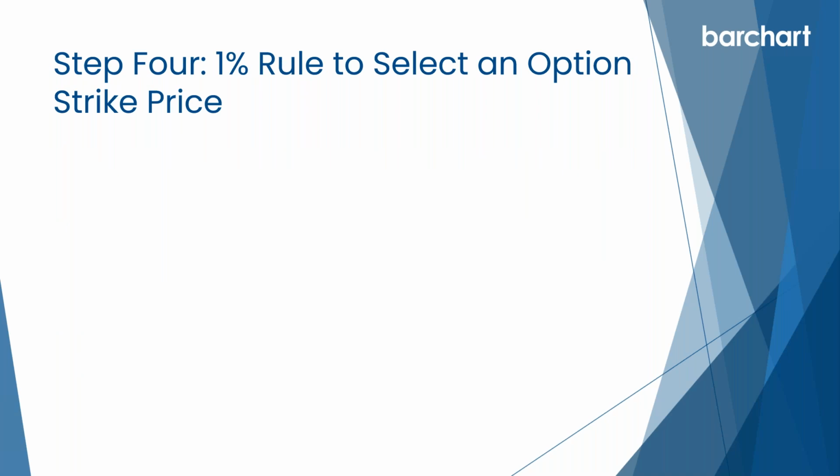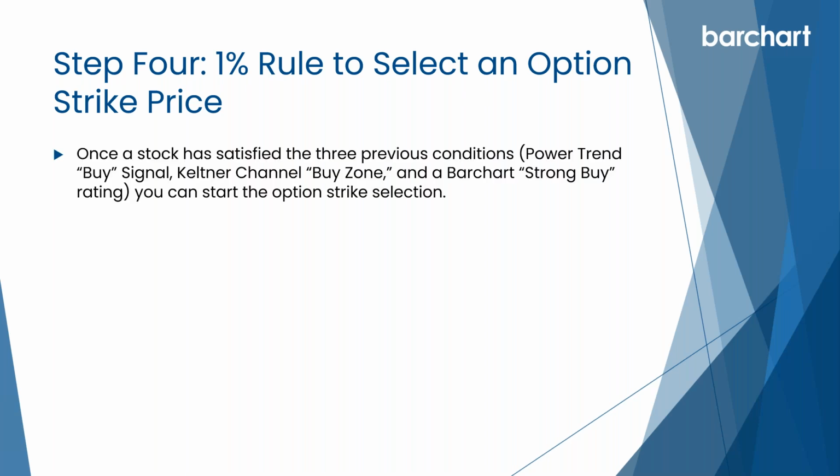Right. So let's get to step 4, because I really feel this is the meat and potatoes of your process. Not only the option selection, but really this idea of why you want to be using your 1% rule. So what is the importance? Okay, so we found this is your conditionals, right?